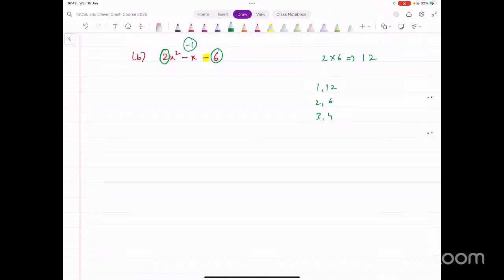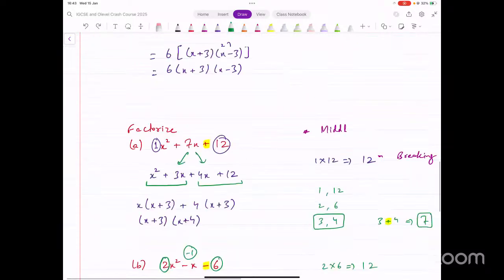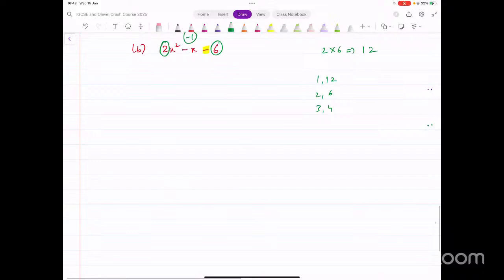Now, we need to think of the set of numbers out of these that when we subtract them, we get that. Why are we saying we're subtracting them? It depends on this sign. If this sign is negative, we have to subtract the numbers. If the constant has a positive sign, we have to add the numbers. Now, this is negative 6.